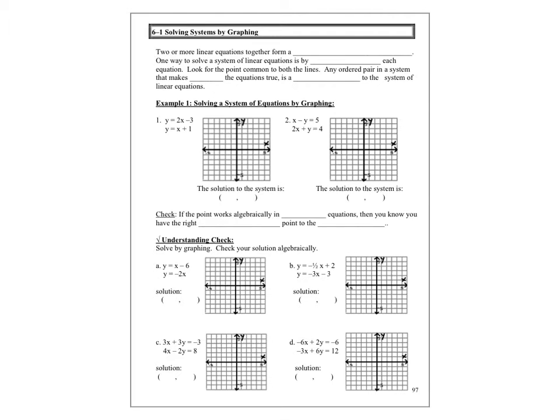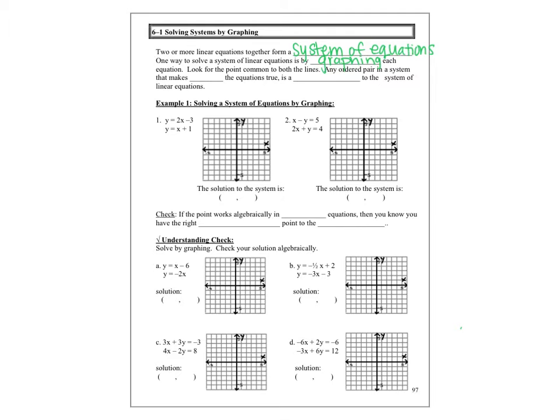So we've got all sorts of stuff here. It says two or more linear equations together form a system of equations. That's what we just talked about. And one way to solve a system of equations is by graphing each equation and looking for the point in common. That's the key.